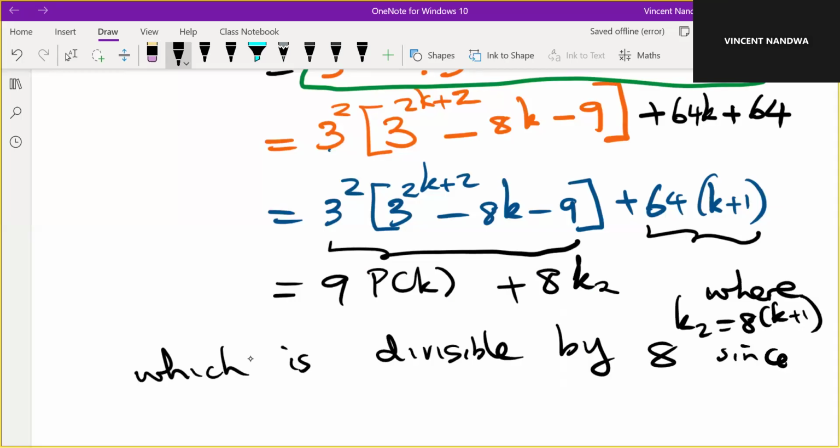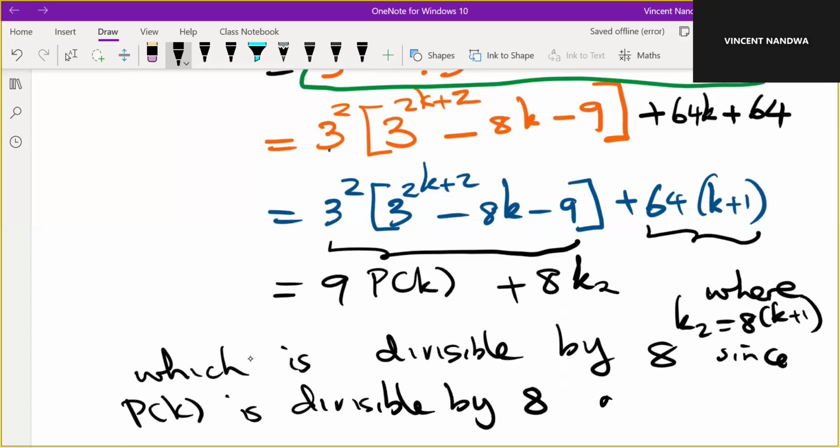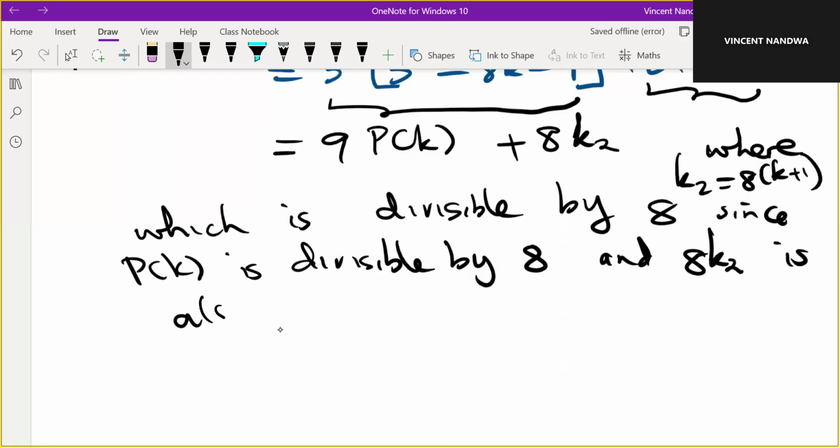Since P of K is divisible by 8, and 8K2 is also divisible by 8, okay? Yeah, it's also divisible by 8. So if you have a sum of two numbers, each one of them divisible by 8, then when you combine them, the answer will still be a number divisible by 8.